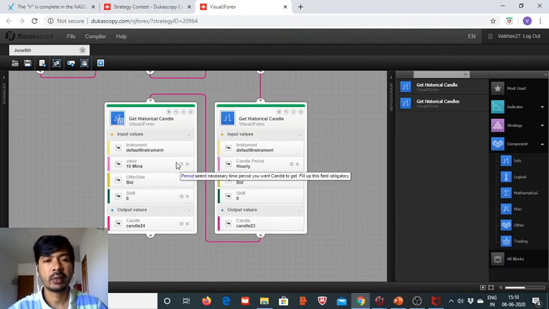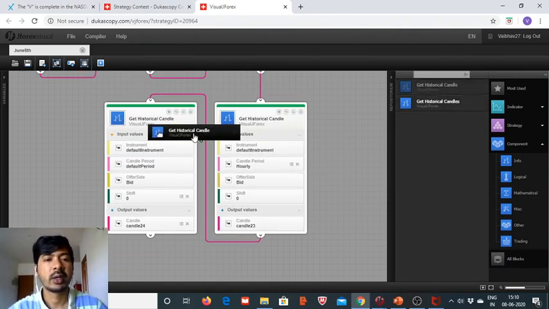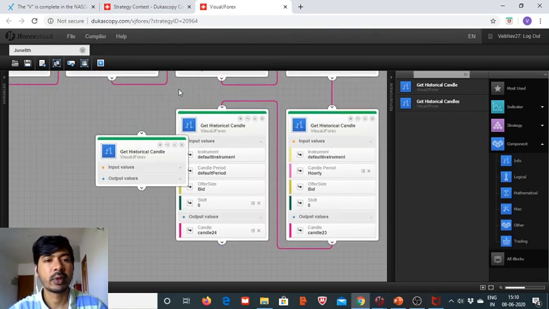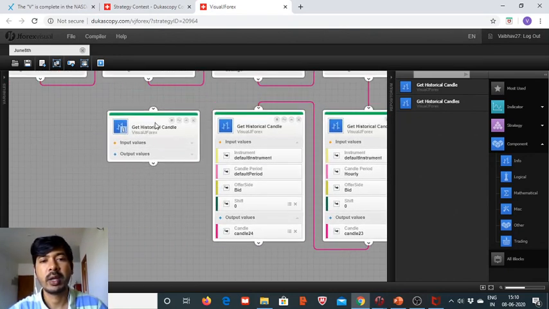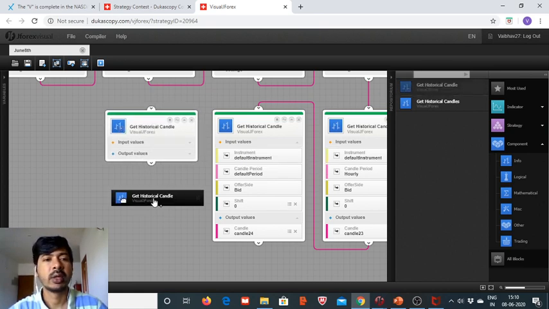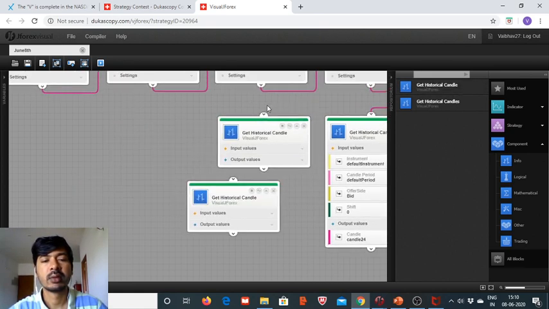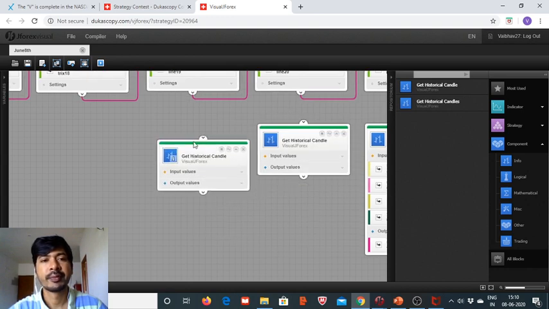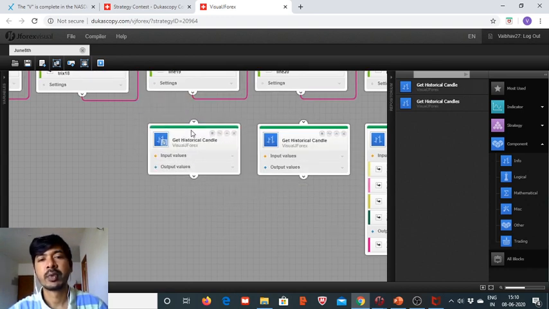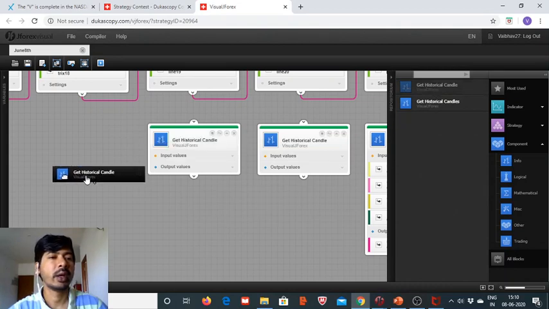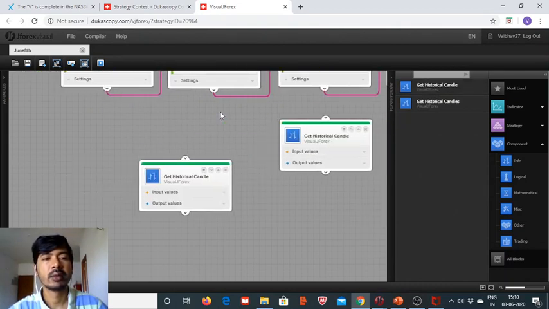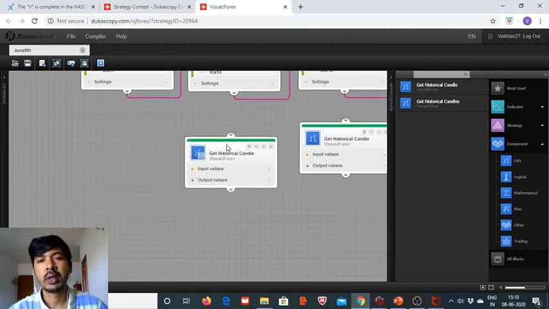This one also needs to be changed, but first let us take historical candle data for the hourly and then 2 for 1 minute each. So here it comes. Four for hourly and 2 for historical data.